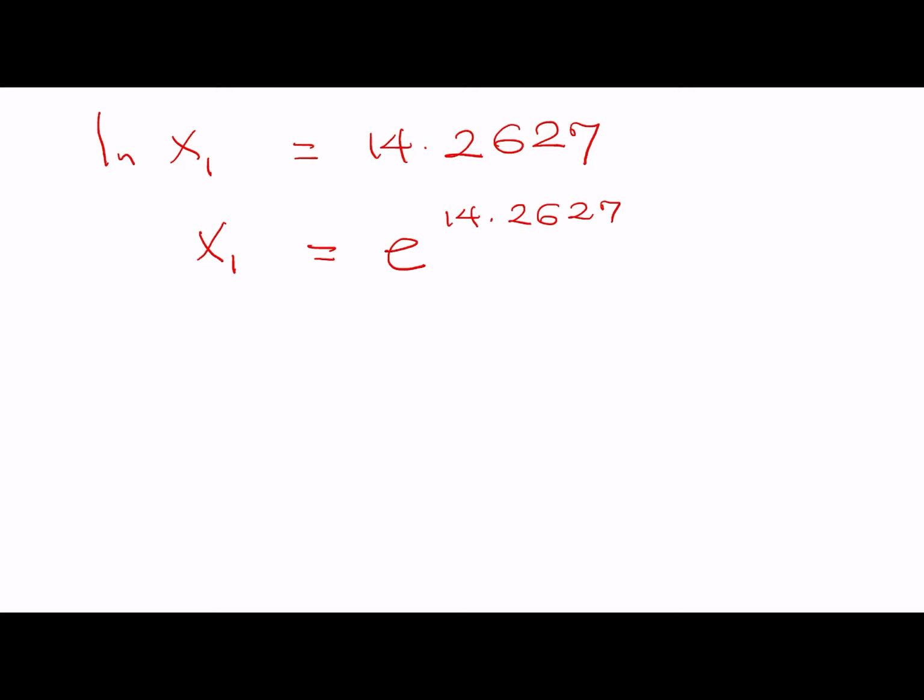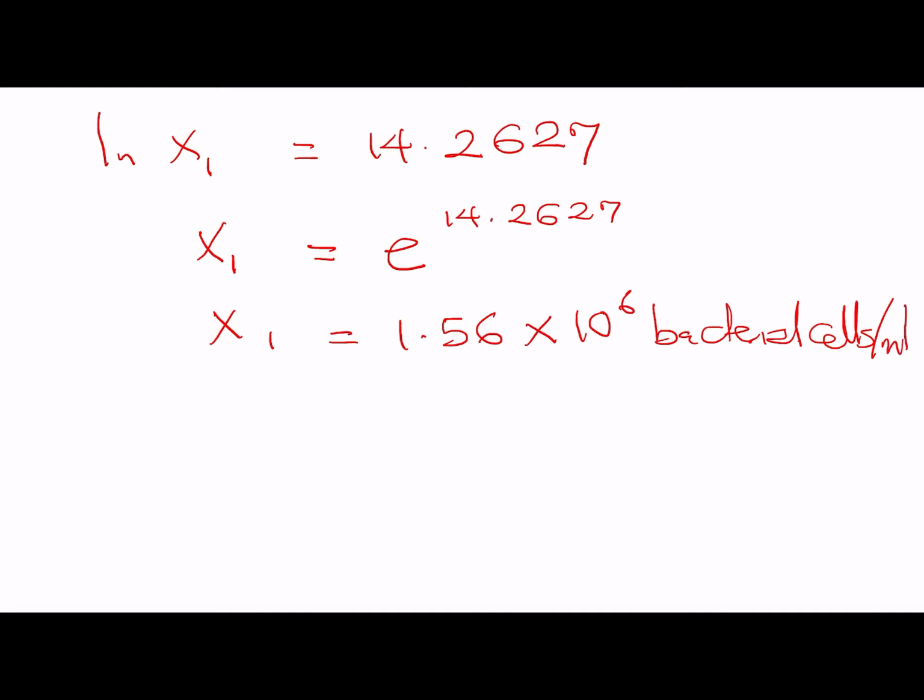You can punch that into your calculator, and then x1 gives us 1.56 times 10 raised to power 6 bacteria cells per mil. So that is our answer.